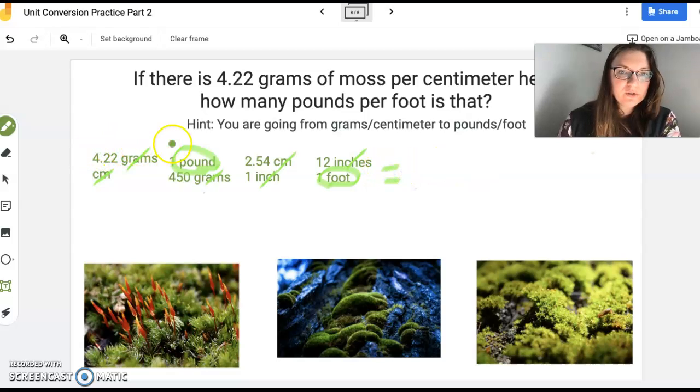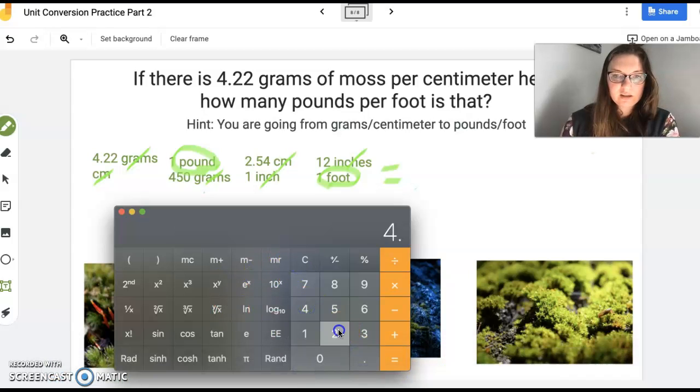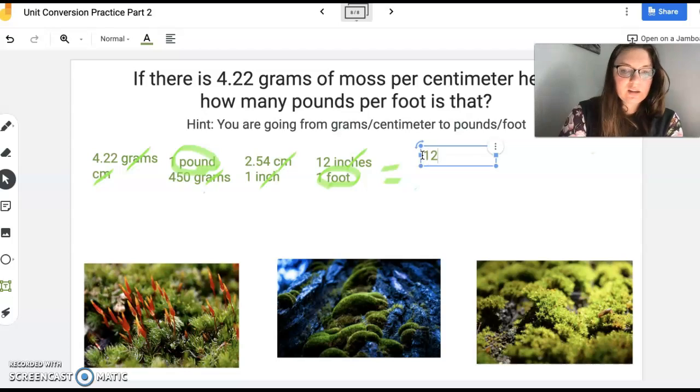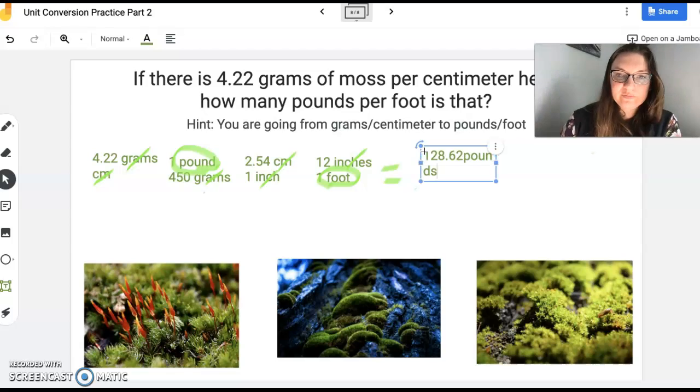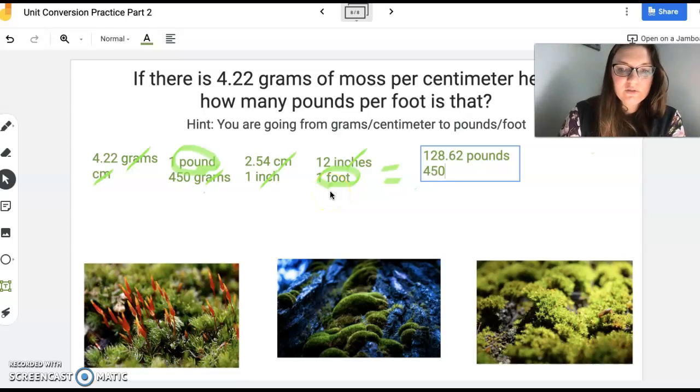So we're going to do 4.22 times 2.54 times 12, which is 128.62 pounds over 450 feet.